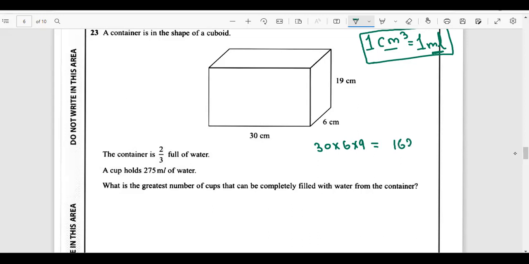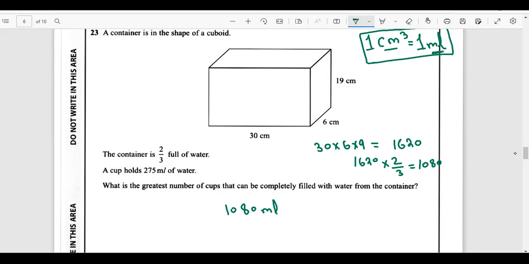So the volume of this tank is 1620 and it is 2/3 filled. So I'll be multiplying this value with 2 by 3 to see how many milliliters or centimeter cubes of water are there in the tank. And I got 1080. So I have 1080 centimeter cubes or milliliters. Both of them are equivalent, they are the same.